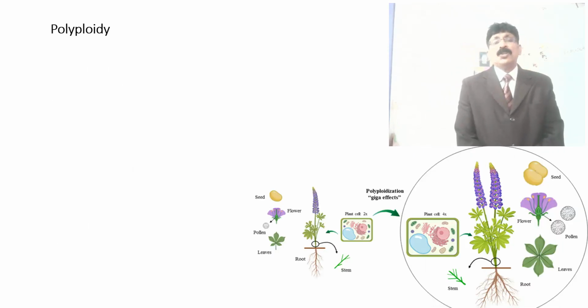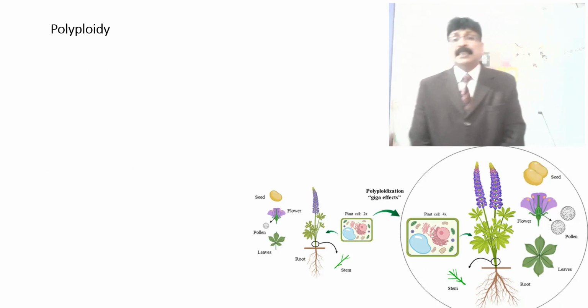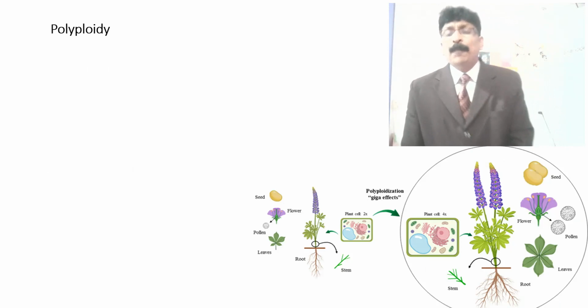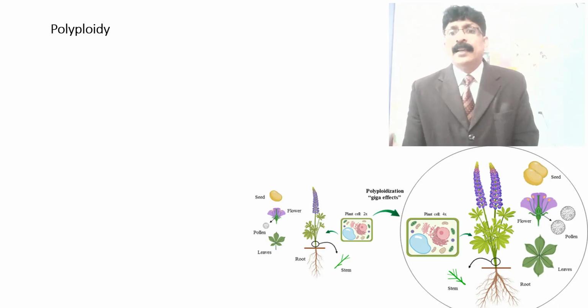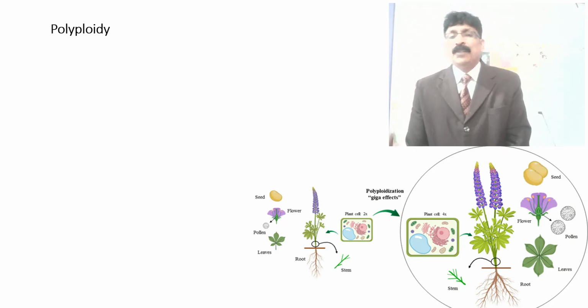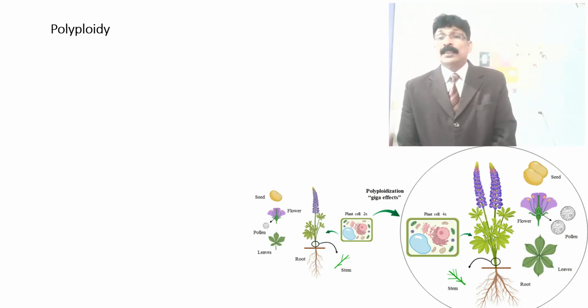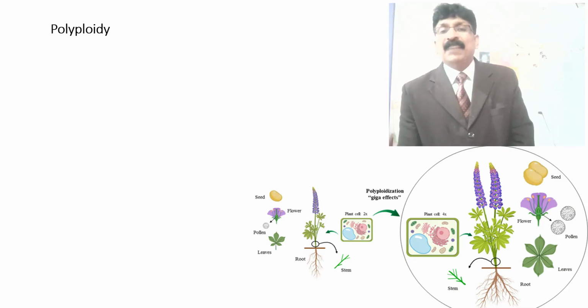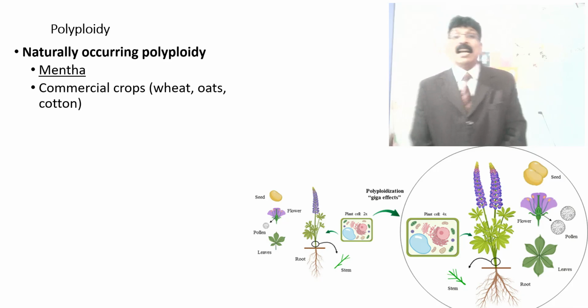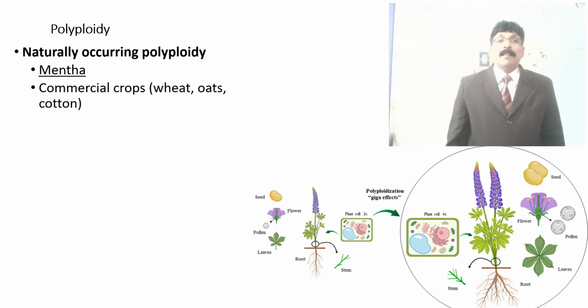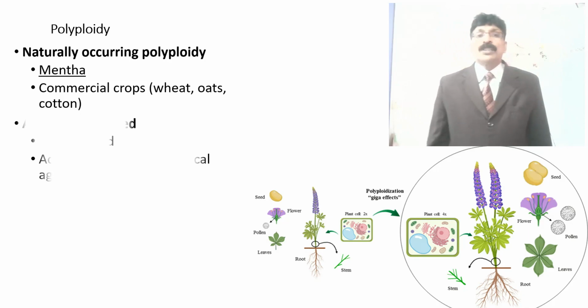So when you see polyploids in the picture, you can see the gigas effects. See the plant shoot system, how it changes, how the grafting from the stem is done. Naturally occurring polyploids: mentha, common crops like wheat, oats, cotton.